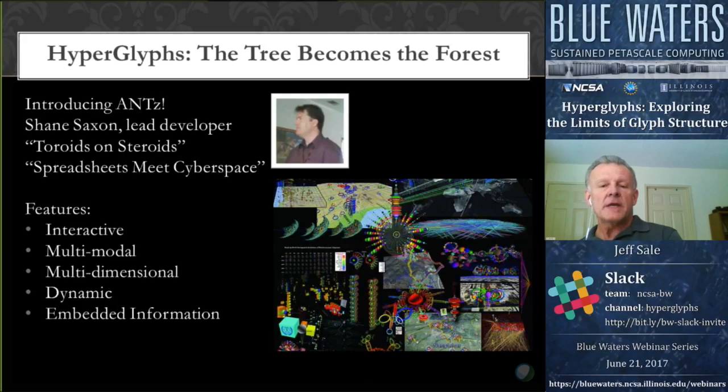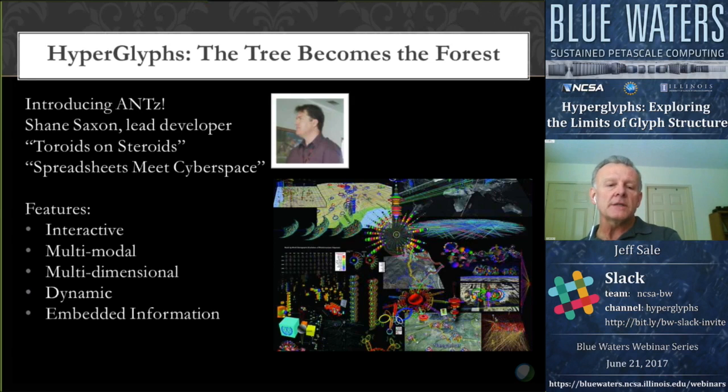So the tool that I'm going to be demonstrating is affectionately referred to as ANTS because of the first work that we had done in visualizing Scopus citation search results of ant research and sociobiology. Shane Saxon gets credit for being the lead developer. I'll show you links to the tool itself, but once again, I want to emphasize that I'll be talking more about concepts than the actual tool.